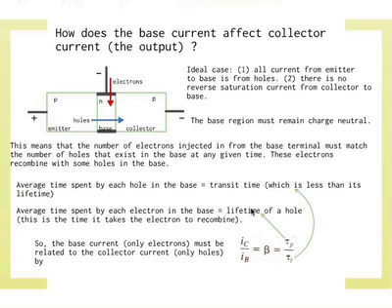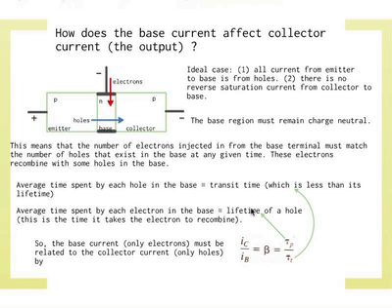Which means that now you can estimate the base current, which is only electrons, as a function of the collector current. IC over IB is beta. It can be related to the lifetime of the holes divided by the transit time of the holes. That's the logic for amplification for an ideal transistor.